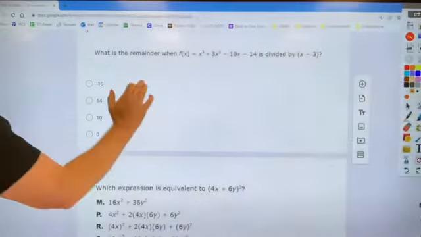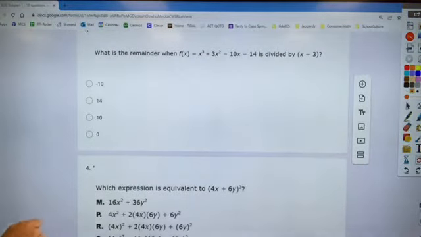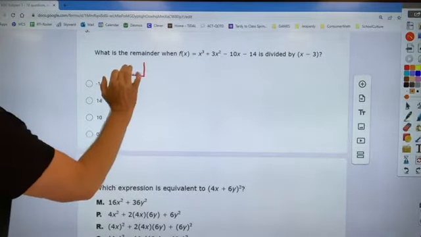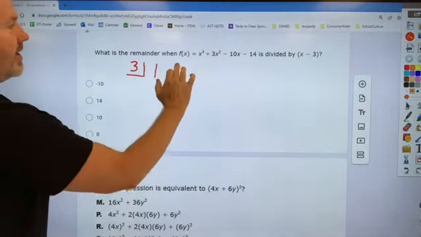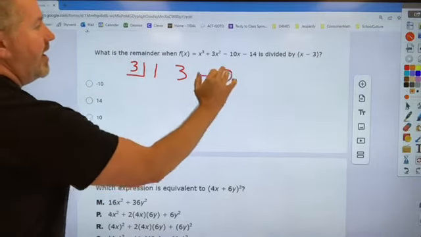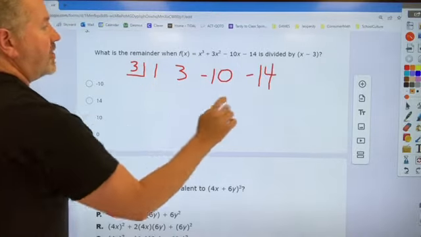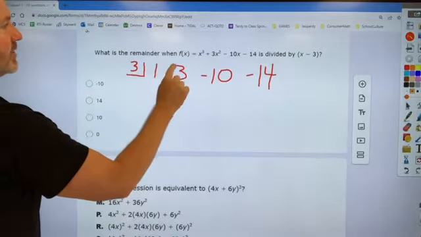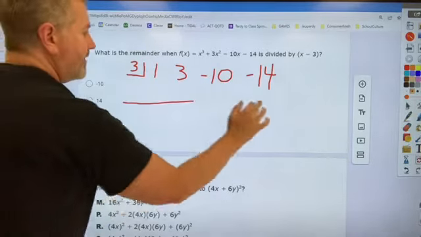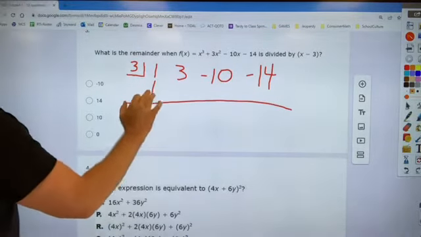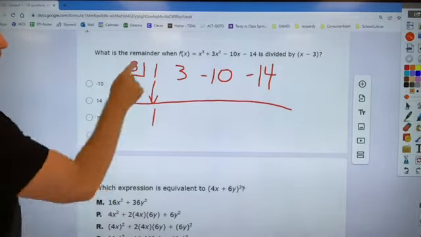So I'll go to this side. We're dividing by x minus 3, so we actually divide by a positive 3. We list our coefficients, 1, 3, -10, -14. We make sure that every degree is represented. There's the cubed, there's squared, there's linear, there's the regular. We leave some space and we immediately drop down our first item, 1. Then we multiply.